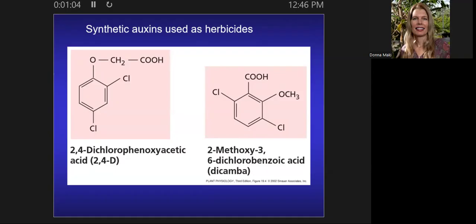Those are synthetic auxins that get applied to the plant fields at higher doses, and it can be effective at killing off plants. Some plants are more sensitive than others to higher doses of auxins, and that's why you can have some plants killed and others in the same field not harmed. So they have that level of understanding when they apply these types of treatments.